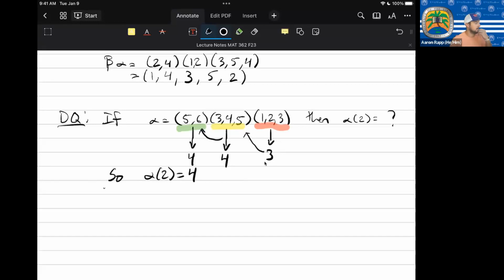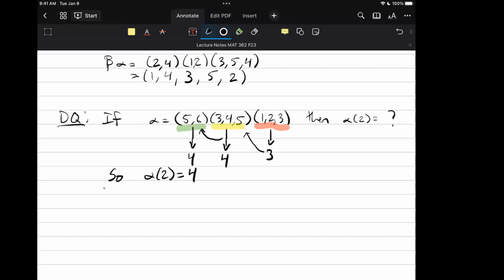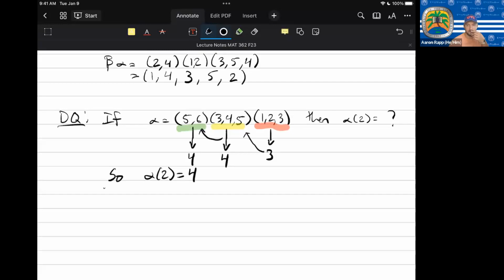Okay, so I think based on the answers that you gave me verbally just now, only one person got that. So mainly what I care about right now is, do you understand why the answer is 4 and how to go about getting it? Yes. Cool. Carissa, you can give me a thumbs up if that's the case.